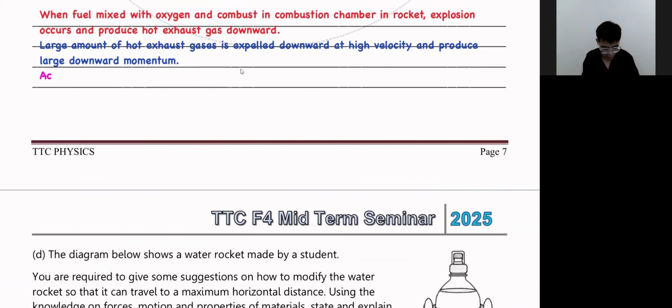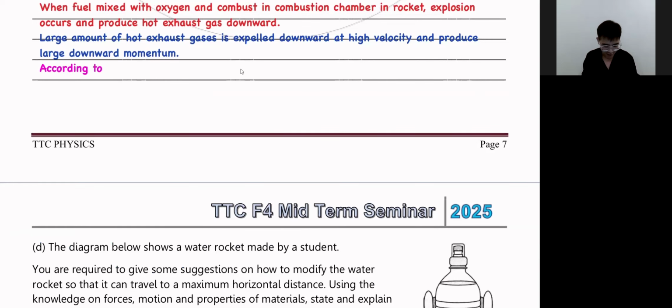Just write according to... you are like pushing the blame, telling your teacher that it's not what I say, it's what Newton says. According to the principle of conservation of momentum, stated by Newton, if downward momentum is produced, then there will be an upward momentum. You explain just a bit, no need to explain everything. So how do you explain?